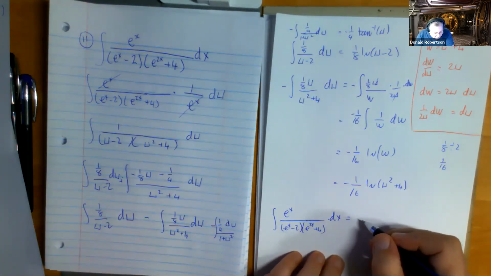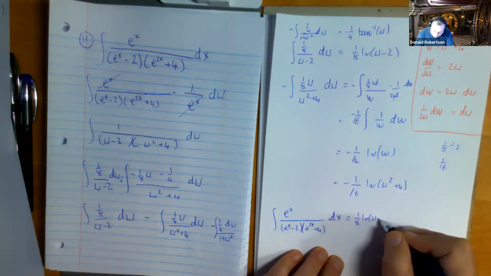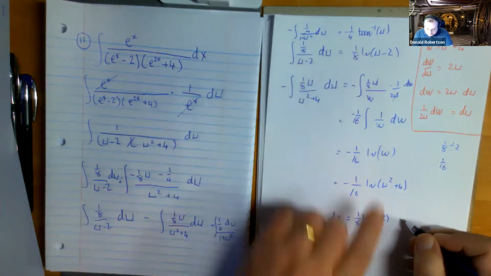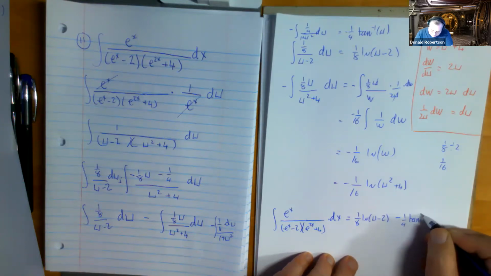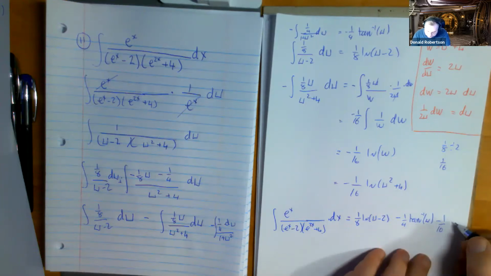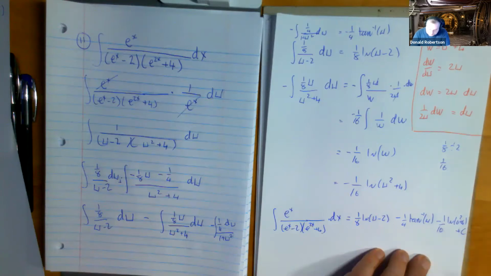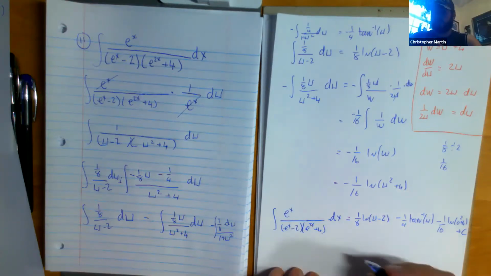And so in no particular order, 1/8 the natural log of this guy, take away 1/4 the inverse tangent of that, -1/16 the natural log of u squared plus 4, add c. Is that answer right? Let's phrase it a different way. The U's back.